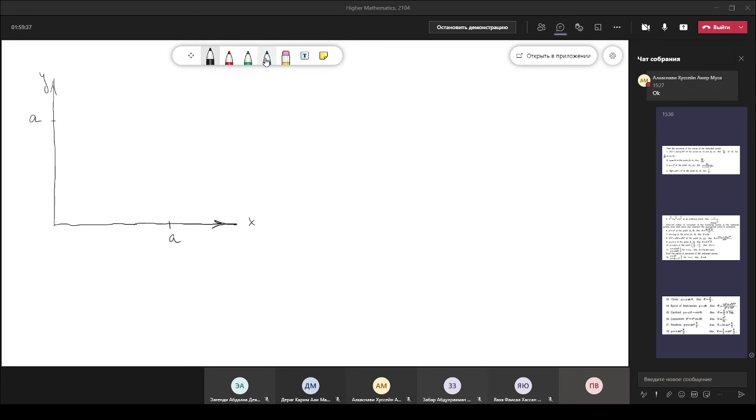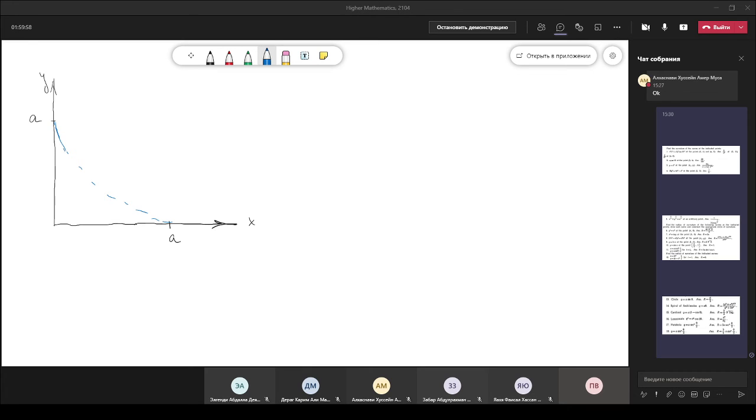and our line is approximately this. Maybe I put it this way. Approximately the same.